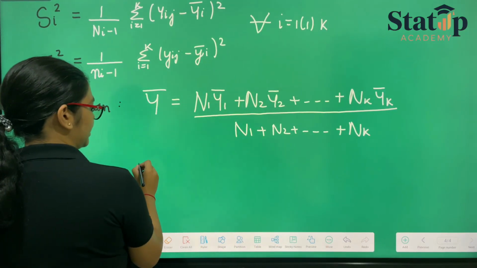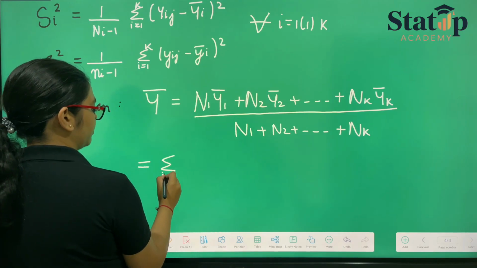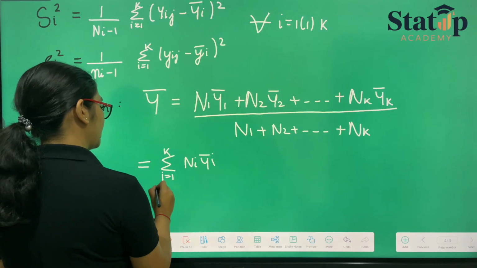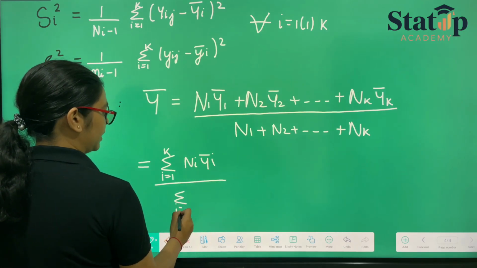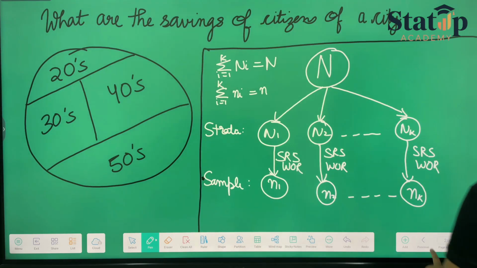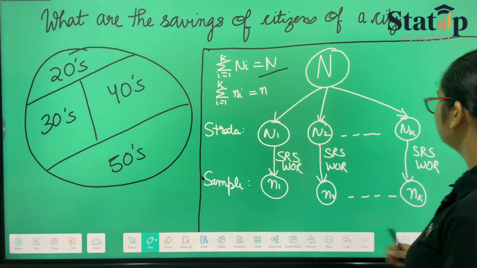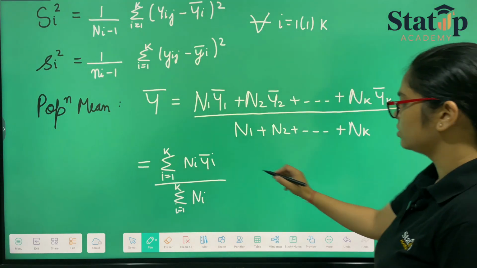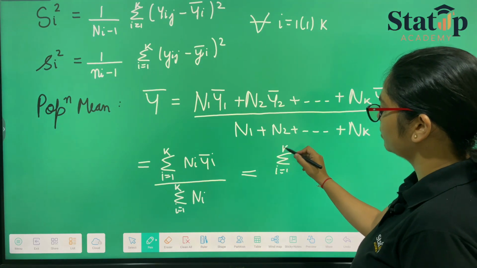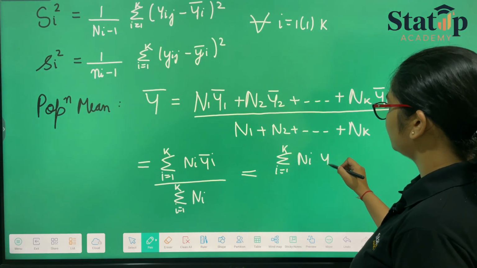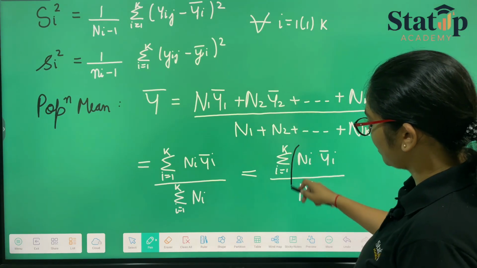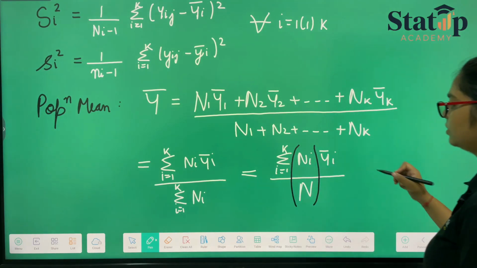Now this can be written in summation form: summation i goes from 1 to k Ni Y bar I upon summation i goes from 1 to k Ni, and summation i goes from 1 to k Ni is nothing but capital N. So substituting that here, we are left with summation Ni Y bar I upon capital N. Now this Ni upon N can together be taken as Wi.